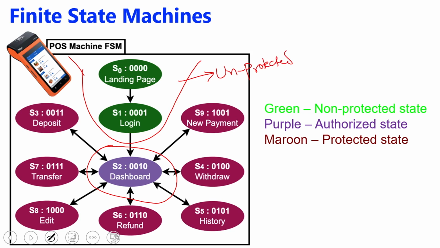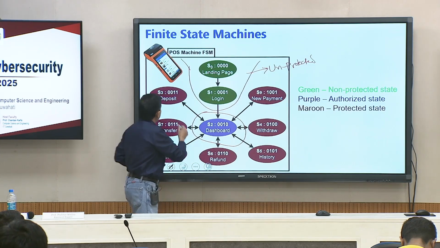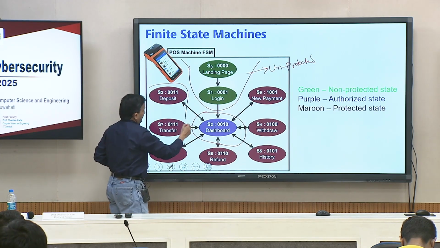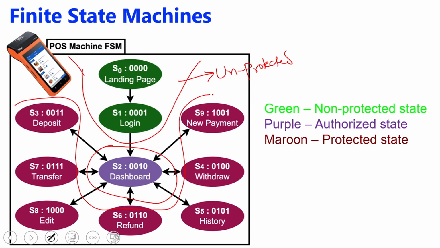This one authorizes some people who are allowed to access, and of course, all these are protected states where you are changing the state or doing something important.